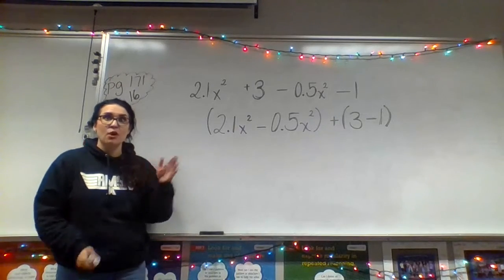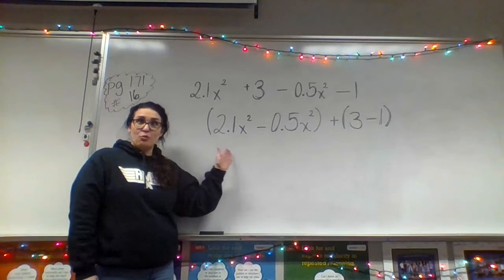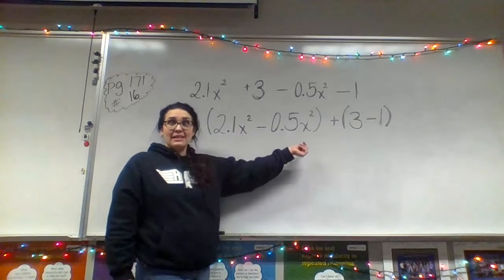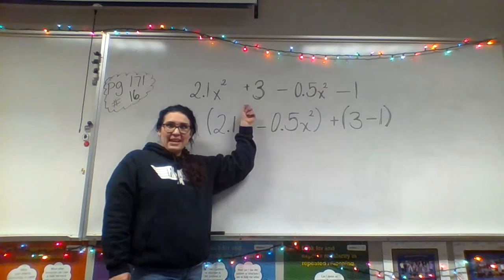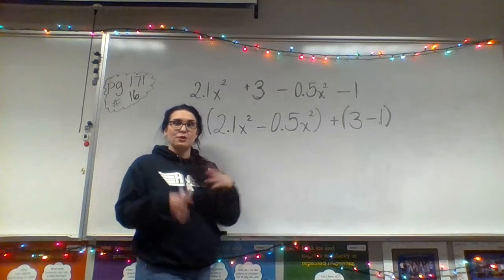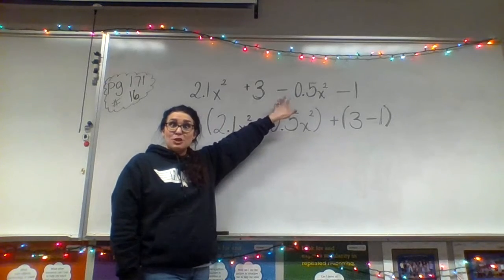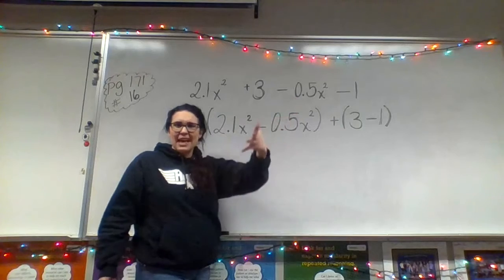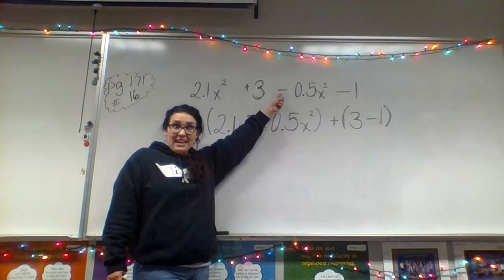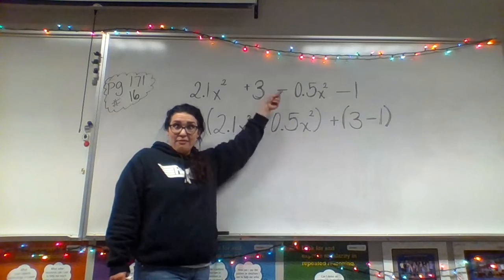So I know that we have 2 and 1/10 x squared minus half x squared. Notice that it was actually like adding 3 after that, but remember we're combining those like terms. And since we were subtracting this half, that's the same as saying it's a negative number, so I got the minus sign right from that problem.